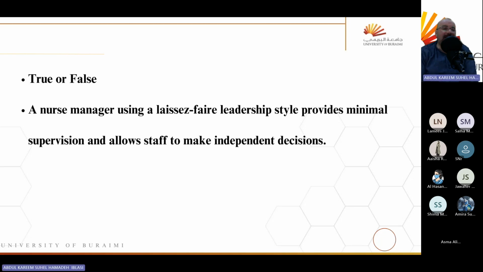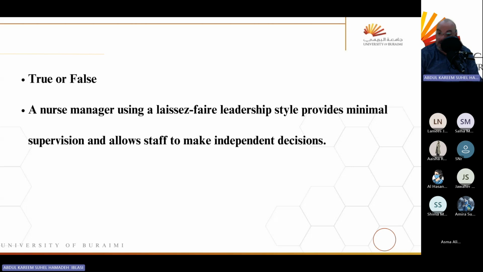من الأسئلة كمان التايبس اللي ممكن تلاقيها في النيرسينج اكزامز true or false. Nurse manager using laissez-faire leadership style providing minimum supervision and allow staff to make independent decisions. هذه true or false. نحكي على specific characteristic في leadership style. أتوقع أن هذا السؤال كمان دايركت، أسئلة true and false بتكون confused لأنه ما عندي غير خيارين، يا true يا false. فيعني رب رمية من غير رامي، ممكن احتمال 50% ما تزبط معك. بتطلب منا أننا ننتبه على كل كلمة موجودة بالسؤال.